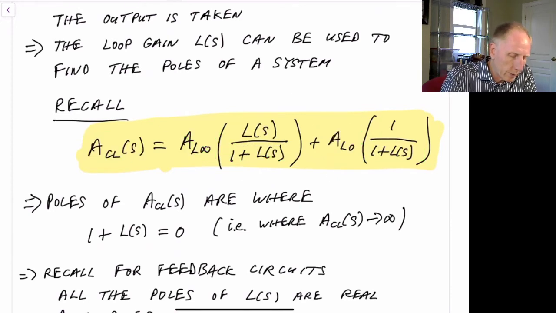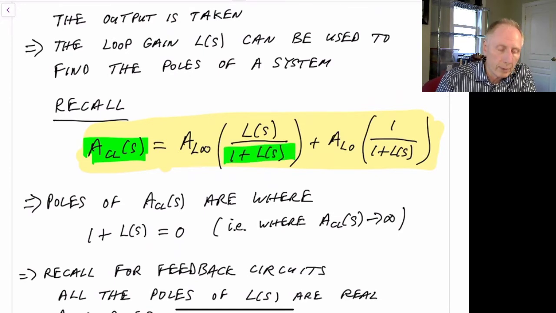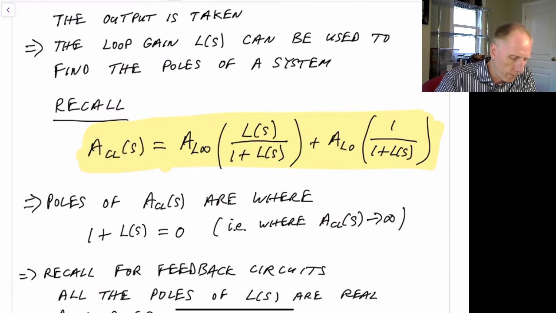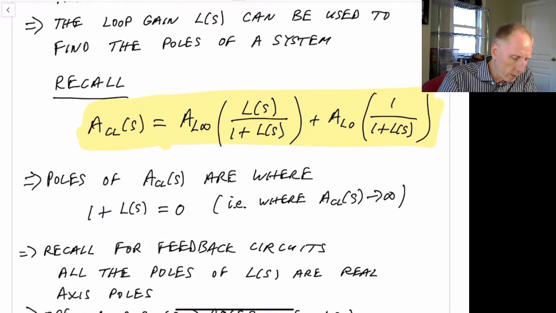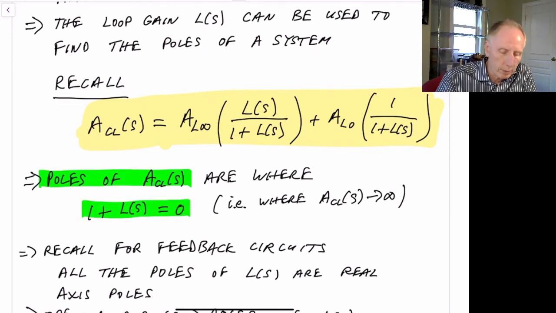So what we see here is that the poles of A_CL of s, the closed loop system, are the roots of 1 plus L of s. So the poles of the closed loop system are where 1 plus L of s is equal to 0. In other words, that's where the closed loop gain goes to infinity.